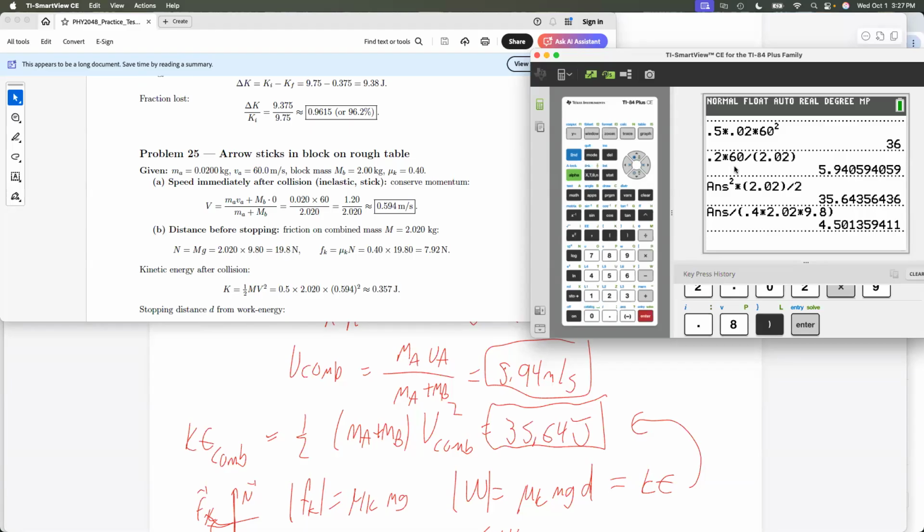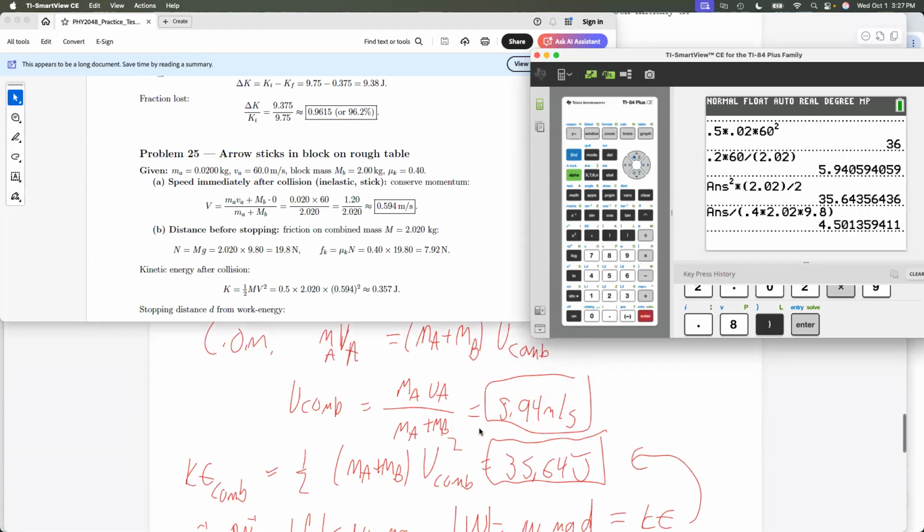I'm just trying to figure out what I typed in wrong. Point... Oh, that should have been 0.02. Every time I had a 0.2 right there, that should have been 0.02.